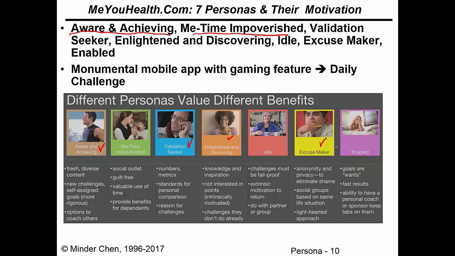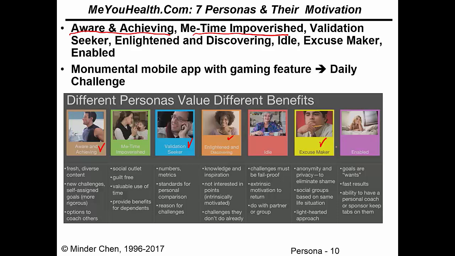Eventually, MeUHealth.com did have a website. They once developed something called Monumental, a mobile app to help you climb the steps, simulating the climbing of a monument, with some kind of gaming feature. They also offer a service called Daily Challenge, which sends you a daily health tip by email once you sign up as a member.